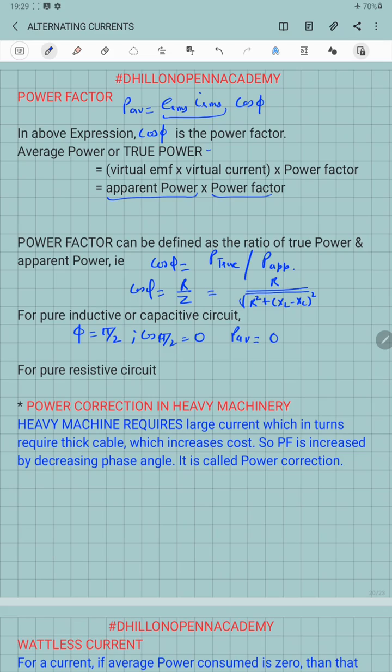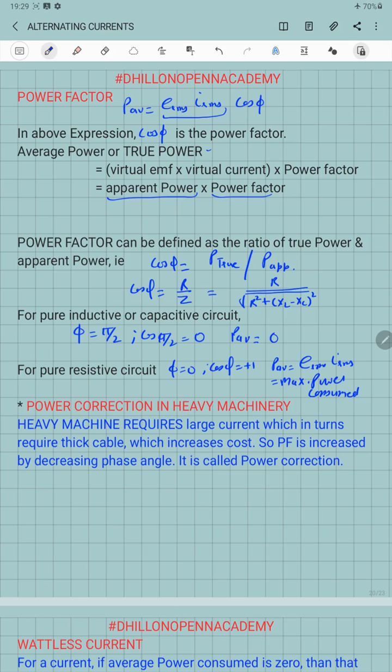Whereas for a pure resistive circuit, phi is equal to 0, cos phi becomes equal to plus 1, which is the maximum value. So in that case, the average power consumed is E RMS times I RMS, which is the maximum power consumed in the ohmic circuit, in a resistive circuit.